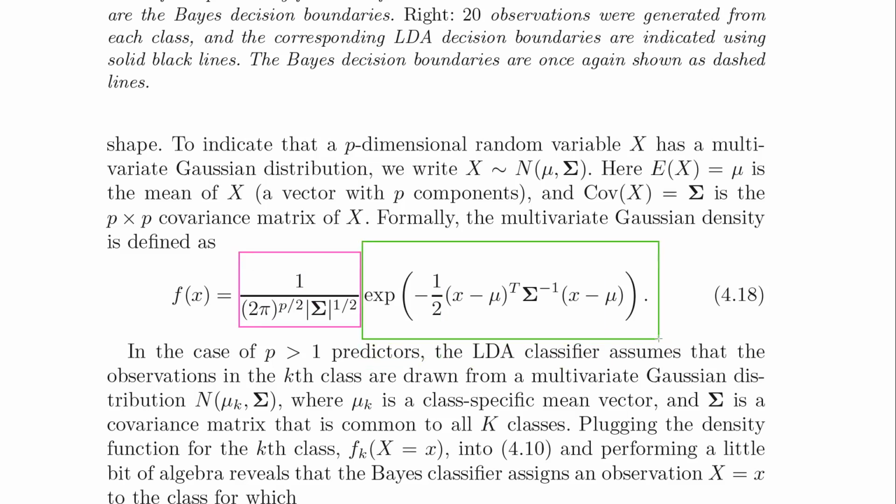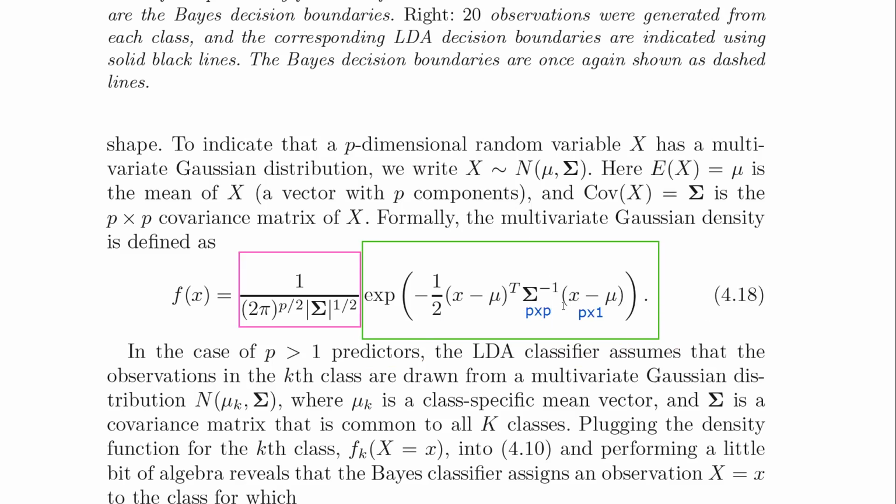What about this? Well, this is a real number as well, isn't it? Why? Because this will be p by 1, a column vector of p components. This is the inverse of sigma, so that's p by p.